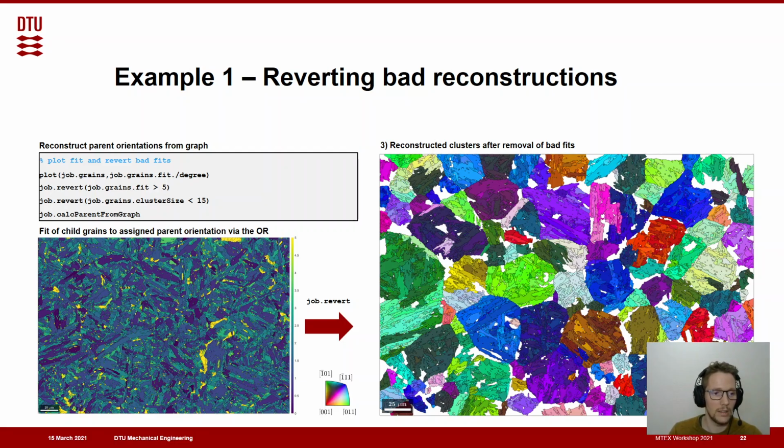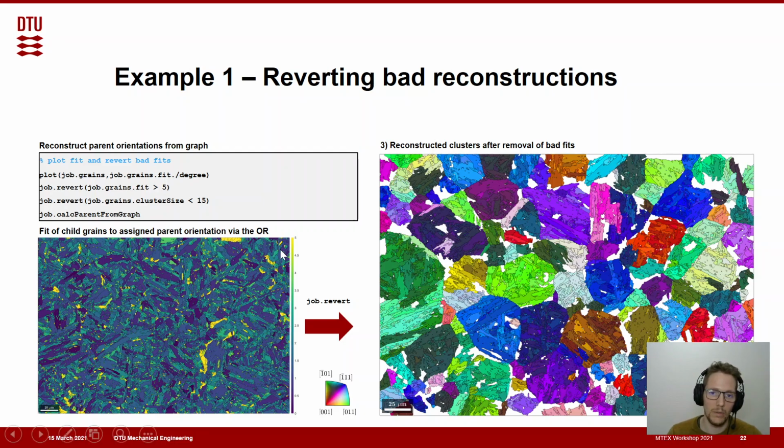If that agreement is not very good, we get a bad fit, or a misfit of, in this case, higher than 5 degrees. Those grains are likely to be wrongly reconstructed, right? Because they don't really fit with the rest of the cluster, maybe they're in the wrong cluster. We can do the same thing for very small clusters. We say, okay, if it's that small, maybe we didn't have enough data points to do a confident reconstruction.